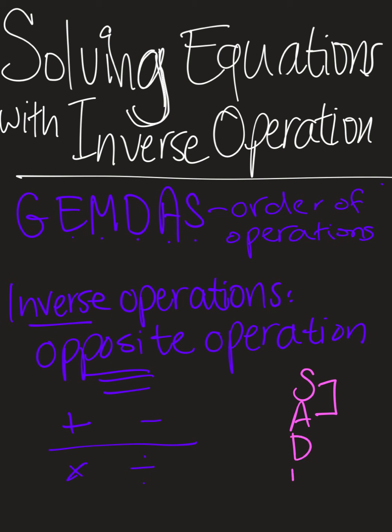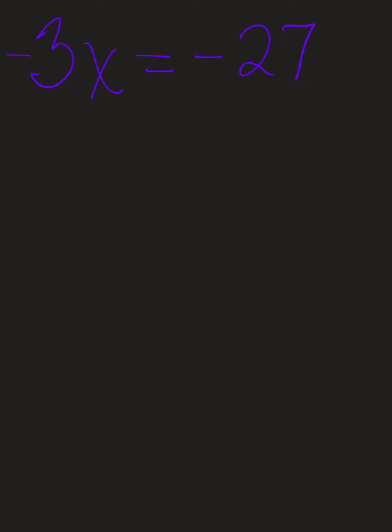Then we have D and M, so we have our division and multiplication. Okay? And then we have our exponents and our grouping, which are last. Okay? So SADMEG is our order of operations when we are dealing with inverse operations for solving equations, okay? So those are inverse order of operations.